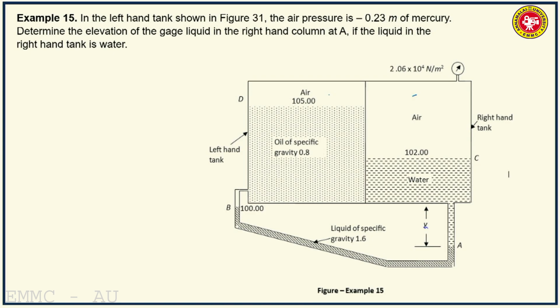So the air that is overlying the oil of specific gravity 0.8 in the left tank is minus 0.23 meter of mercury. Determine the elevation of the gauge liquid in the right hand column at A if the liquid in the right hand tank is water. So in the left hand tank you have oil of specific gravity 0.8, in the right hand tank you have water of specific gravity 1.